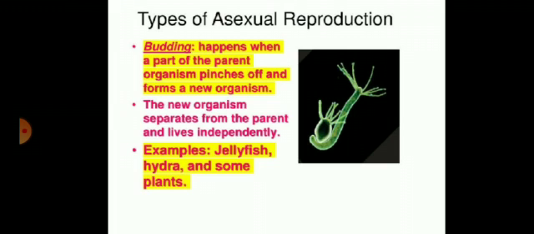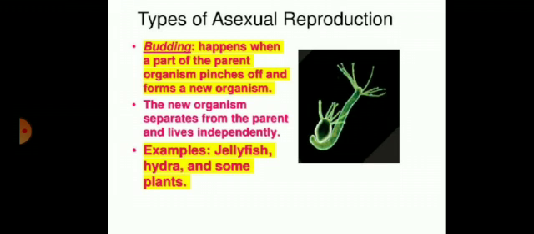Next one, budding. Budding is a form of asexual reproduction that results from the outgrowth of a part of the body. Then the bud is separated from the original organism, forming two individuals. Budding occurs commonly in some invertebrate animals such as hydras and corals.